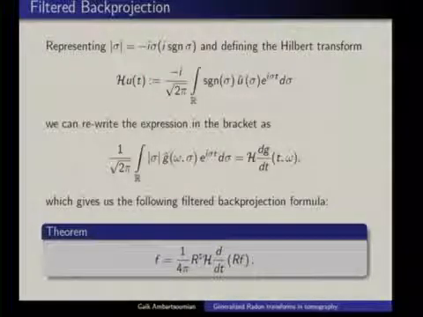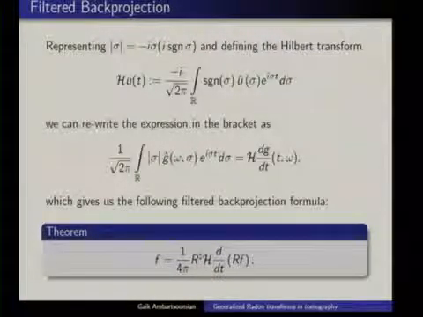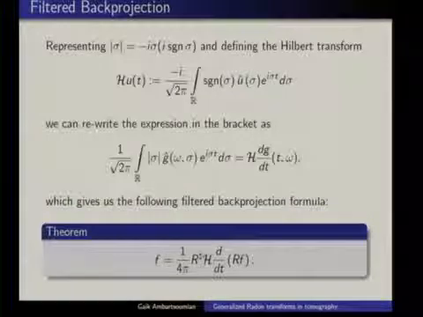The derivative is there because, remember, the derivative and the Fourier transform are related by multiplication by the frequency variable. So your function is recovered in the following way: you have the Radon transform, you differentiate it in the second variable, then you do a Hilbert transform to it, and then back projection. With some constant, you recover your function.